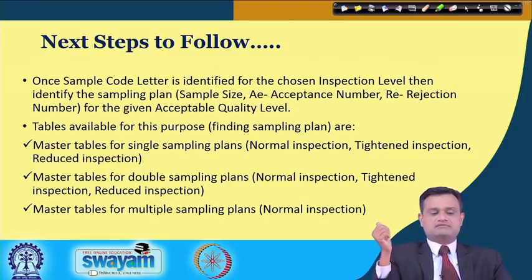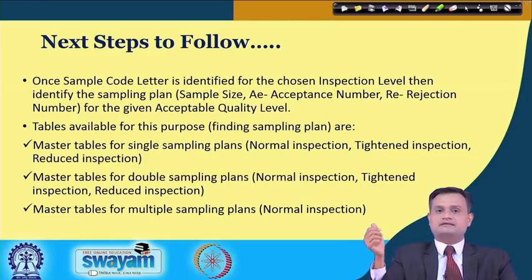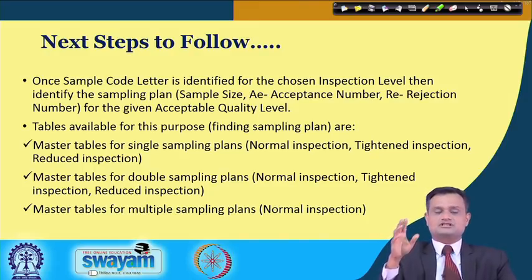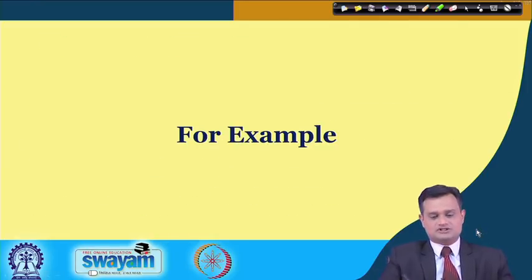There are master tables for single sampling plan, available for normal inspection, tightened inspection and reduced inspection. Similarly, master tables for double sampling plan are available for normal, tightened and reduced inspection. And master tables for multiple sampling plan you will have only for normal inspection.